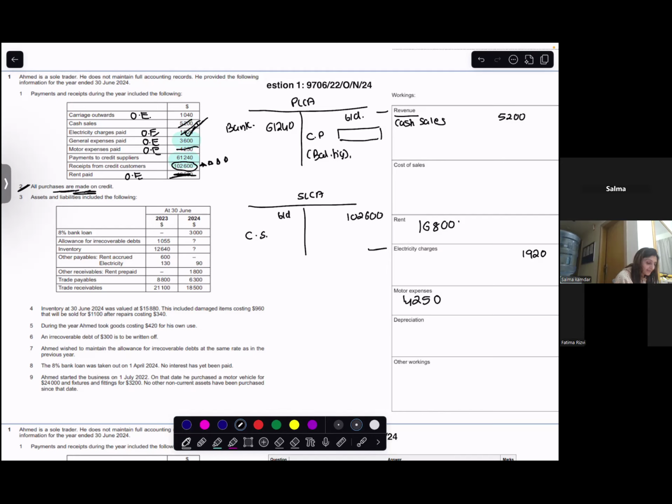Okay. Assets and liabilities have this information. My first information is an 8% bank loan. At the beginning of the year, there was no bank loan. Now I have a bank loan. What do I do?